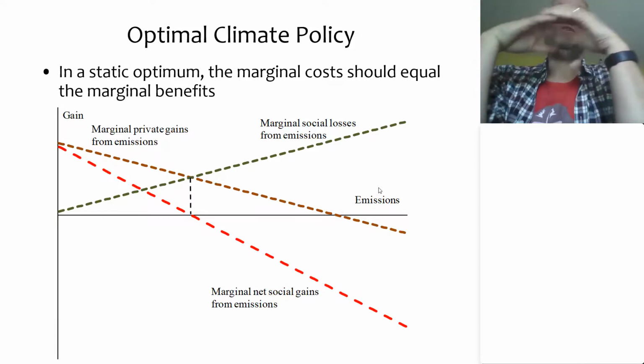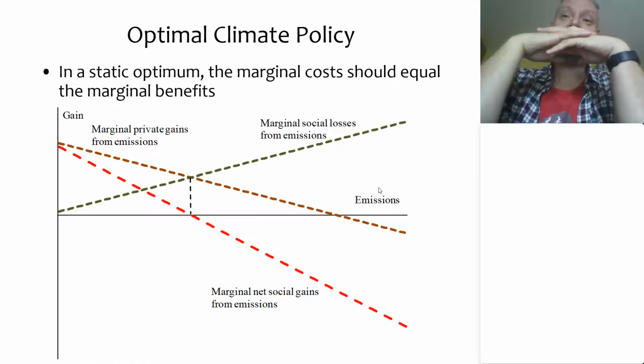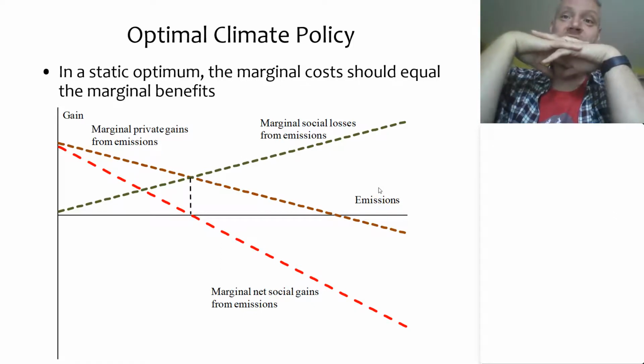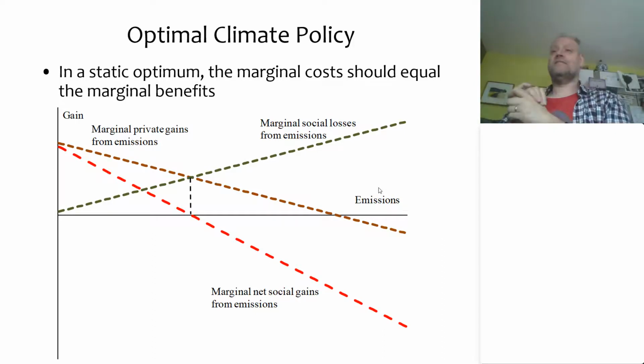The benefit curve also looks as it is shown here. So the initial avoidance of climate change is very valuable. If we let emissions rip, the world may warm by 6 degrees, it may warm by 8 degrees, it may warm by 10 degrees.